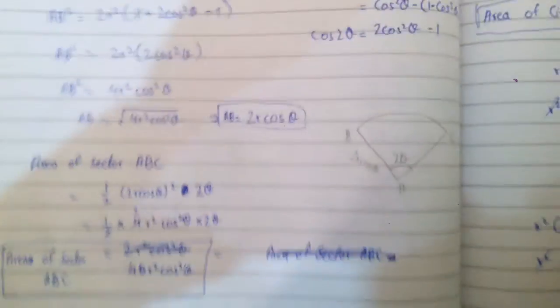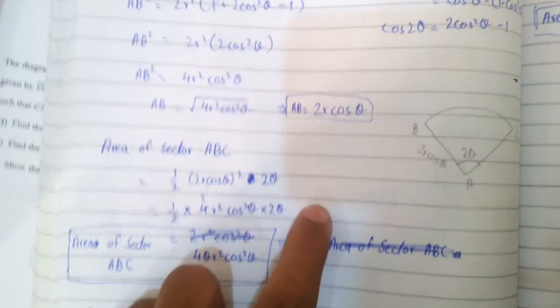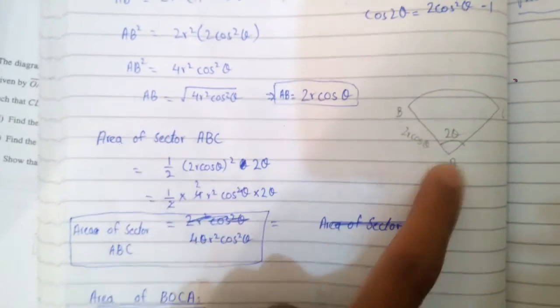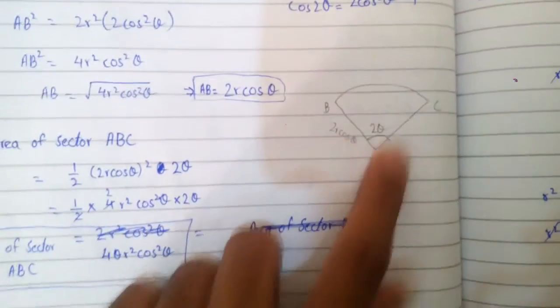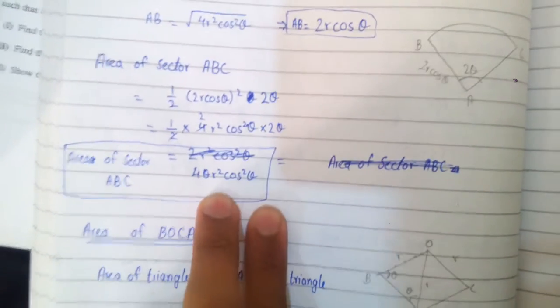So we substitute it in half R square theta. Here R is actually 2R cos theta, and the angle is 2 theta. We solve it and finally get the area of the whole sector ABC, which is 4 theta R square cos square theta.